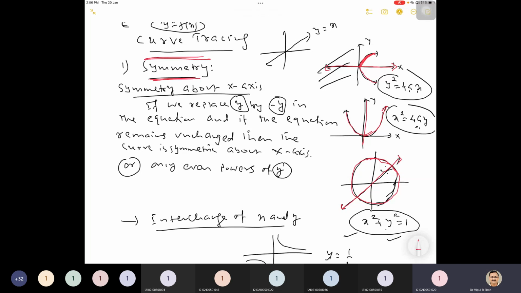So see here, y square is 4ax, the curve. The graph is y square equal to 4ax. If there is a point on the curve, say here, and the curve is symmetric about x-axis, the point below it is also on the curve. Now if this point is xy, then this point is x comma minus y, isn't it?